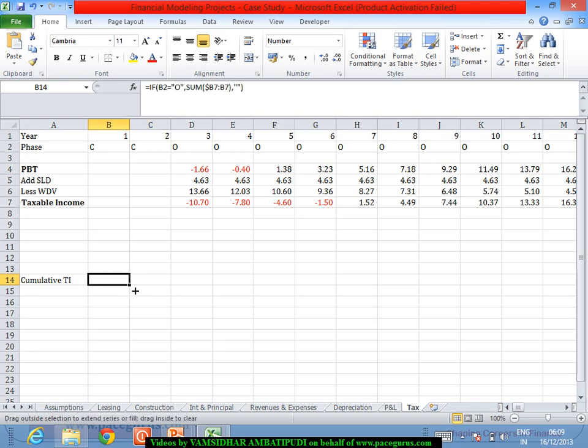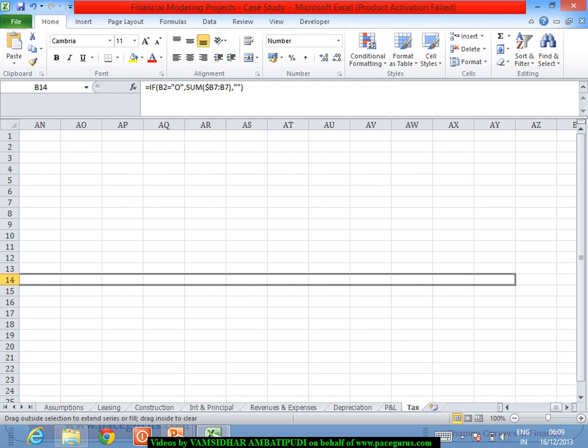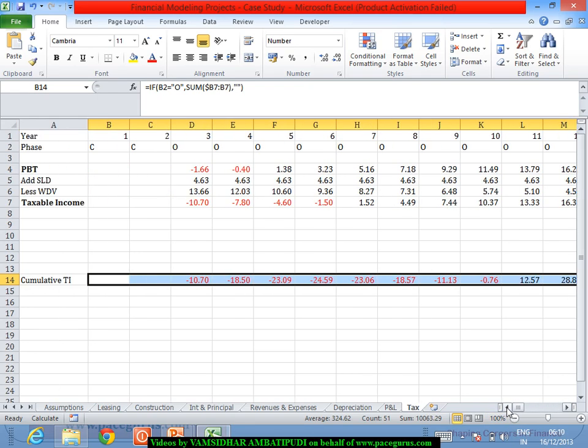Now logically, why did I do this? When I'm dragging it, one important pointer for me is, during which year is the tax really applicable?